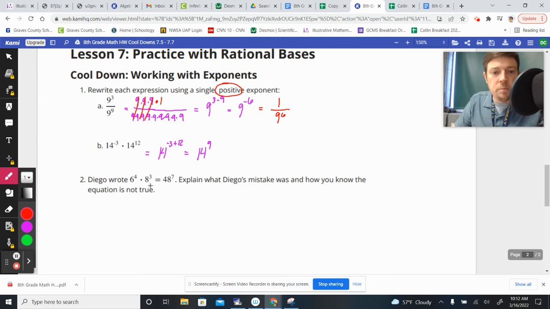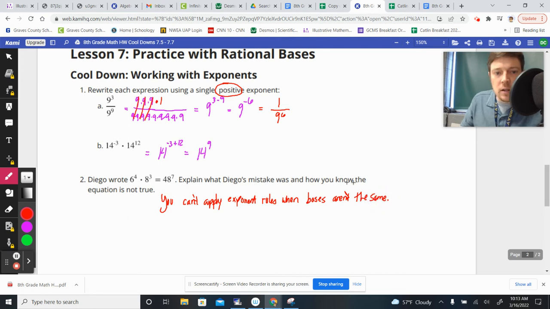But the mistake is that you can't apply exponent rules when the bases aren't the same. 6 and 8 aren't the same. Okay, that's the mistake.